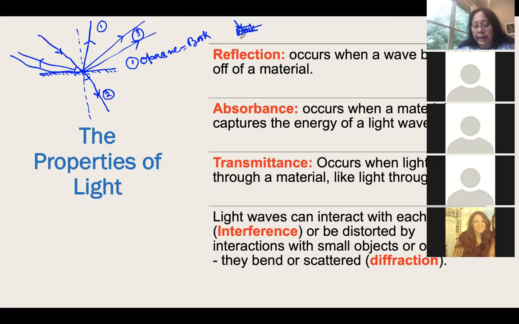We know that energy cannot be destroyed. One type of energy can be transferred into a different type of energy. So this is one possibility when light passes through the opaque material, that material completely absorbs the energy.